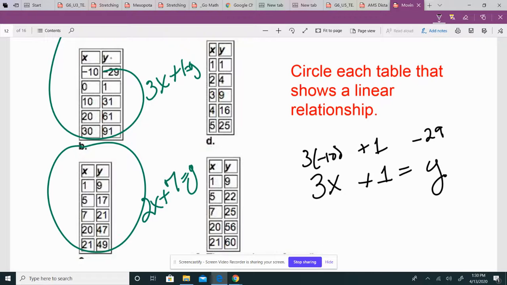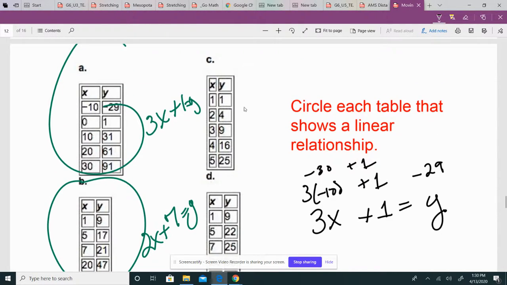And does negative 30 plus 1 equal negative 29? Yes, so that particular equation works and plugs in. Is it going to form a straight line when I graph it? 0, 1, 10, and 31. So I'd have to even think about sketching it out or possibly even graphing it out. And again, I'm going to give you a few more strategies of how to determine which ones are linear and which ones are not.